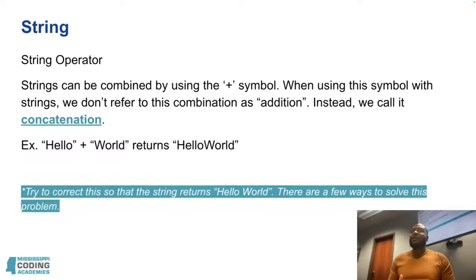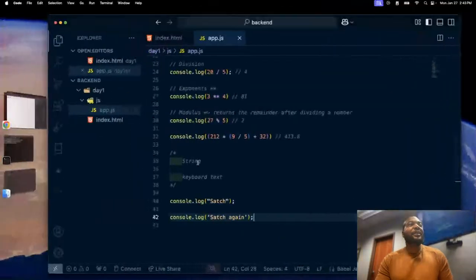With strings, we don't refer to that as addition. Instead, we call it concatenation. So anytime we use this symbol, we are concatenating the string. You will hear me reference this symbol as either the addition symbol or concatenation symbol. So let's see what that looks like.